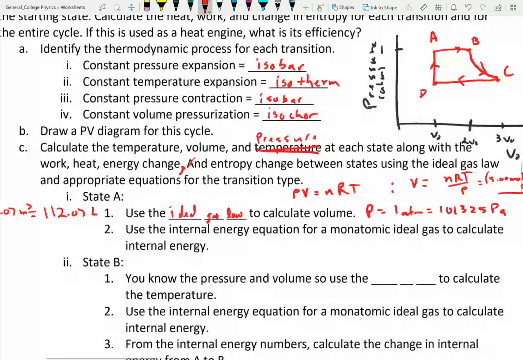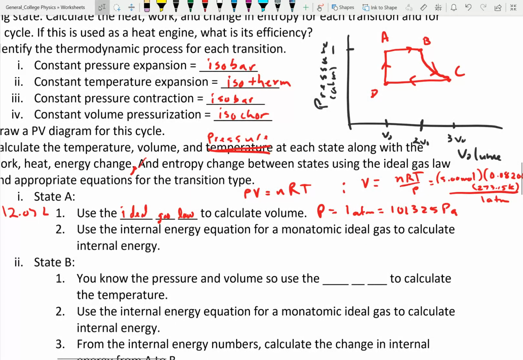Use the internal energy equation for monatomic ideal gas to calculate the internal energy. U is equal to 3 halves nRT is equal to 3 halves n.